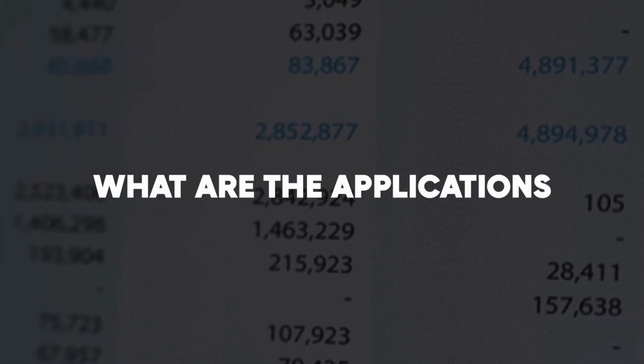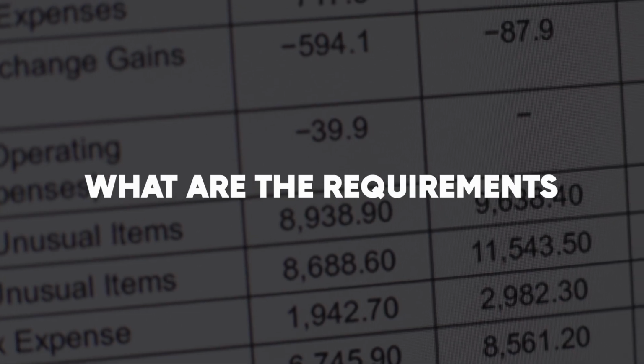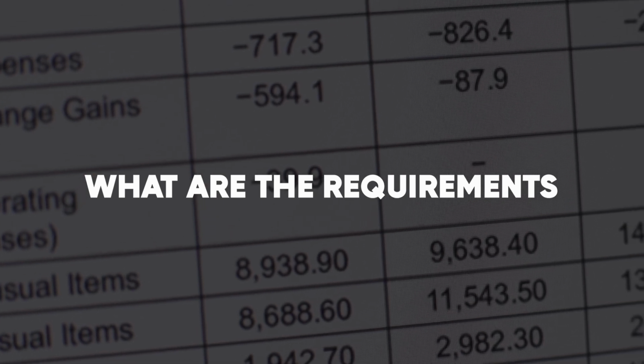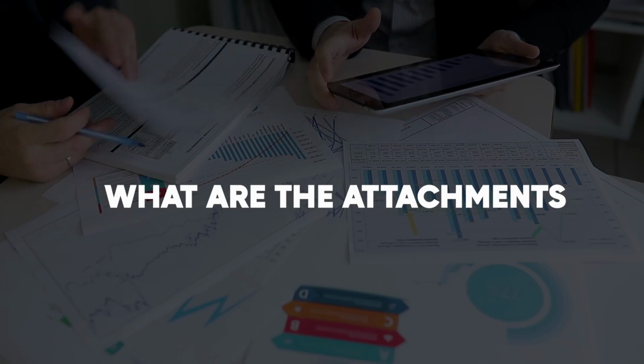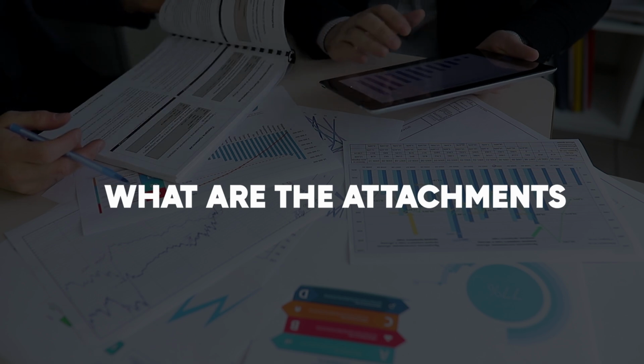And then you're gonna list in there what are the applications that will be submitted, what are the requirements of that application, and what are the attachments that should be included with that application. That is just gonna provide you with an overview of the right strategy that needs to be set to be able to complete that master permit sheet appropriately.